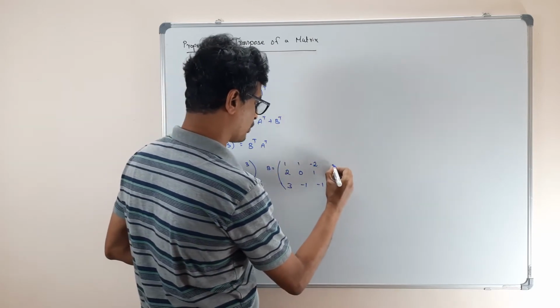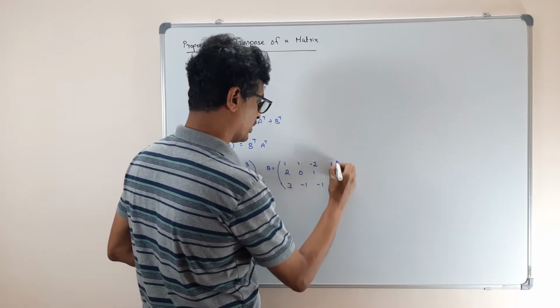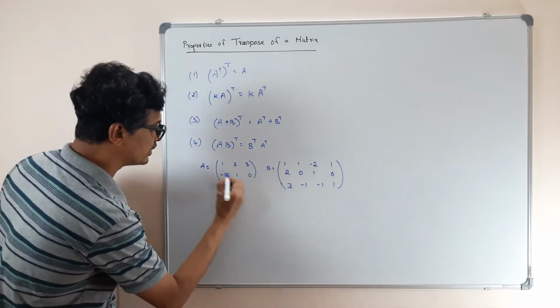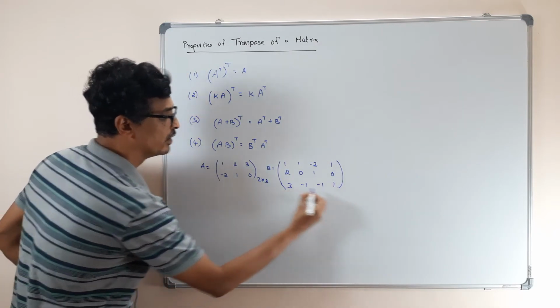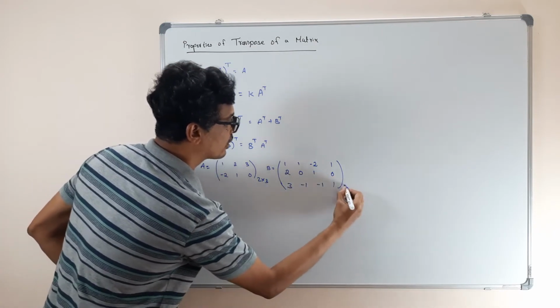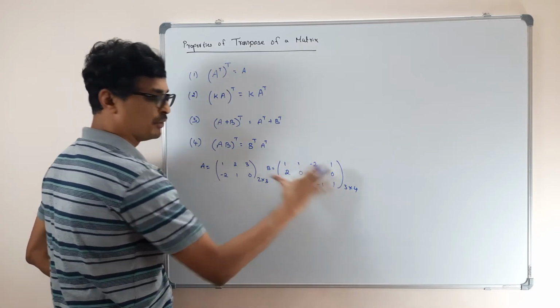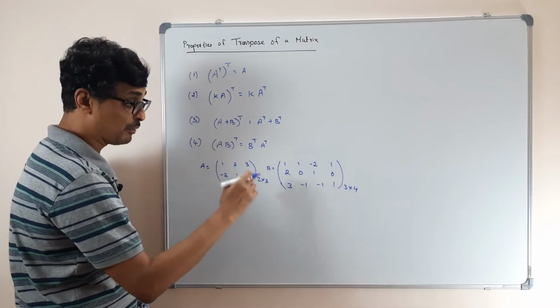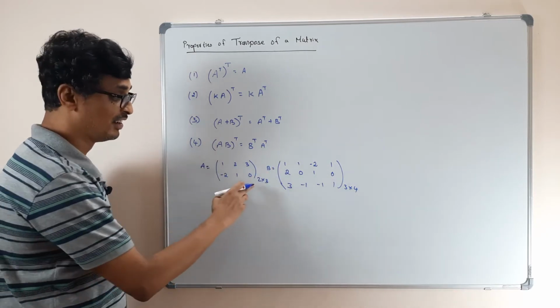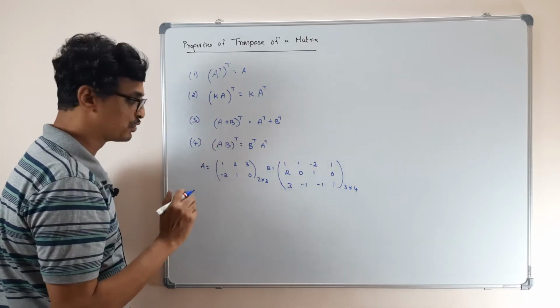So this is 2 cross 3 and this is 3 cross 4. These two numbers are same, so this is conformable. Can you tell me what will be the resultant matrix order? 2 cross 4. We should get a 2 cross 4 matrix.